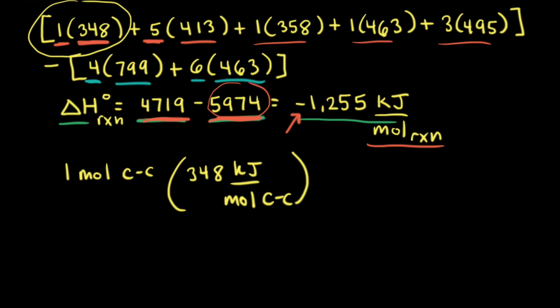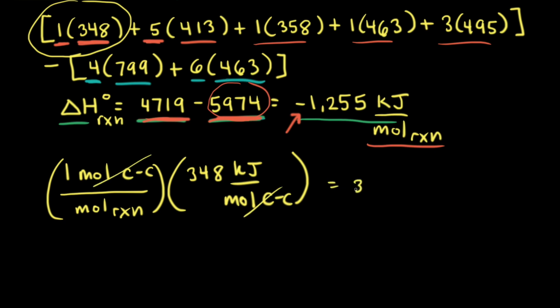Therefore, you're breaking 1 mole of carbon-carbon single bonds per 1 mole of reaction, so we can use this conversion factor. Now, when we multiply through, the moles of carbon-carbon single bonds cancel, and this gives us 348 kilojoules per mole of reaction.